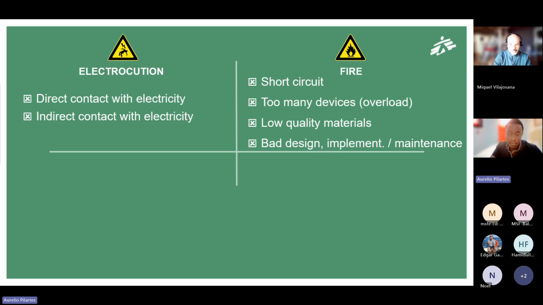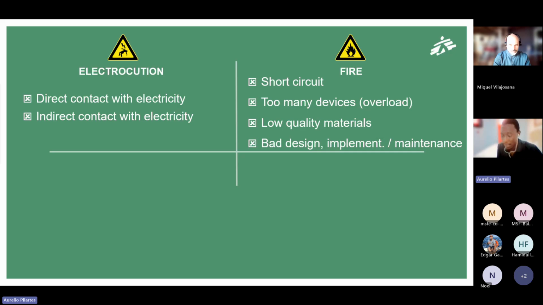Low quality materials also could lead to fire. If you have material that, because of its low quality, at some specific point will not withstand the current being supplied, it could burn and generate fire. Bad design and bad implementation of your system could also generate fire, because bad design would mean not designing the proper cross-section of the cable, not putting the proper protecting material.